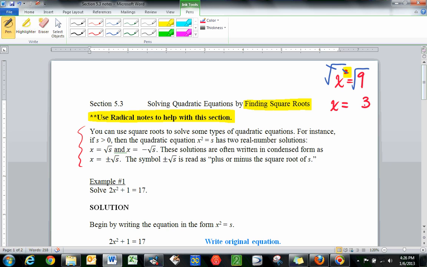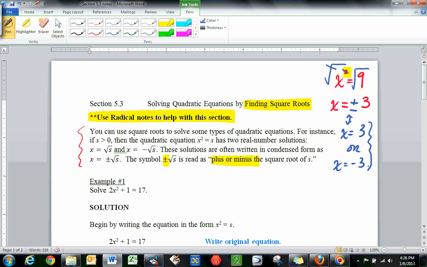It has a positive answer and a negative answer, thus giving us this symbol called a plus or minus sign. So you can see here that the square root of 9 is really plus or minus 3. This is basically saying that x could equal positive 3 or x could equal negative 3. So this sign is just a different way of writing these two answers in one symbol.